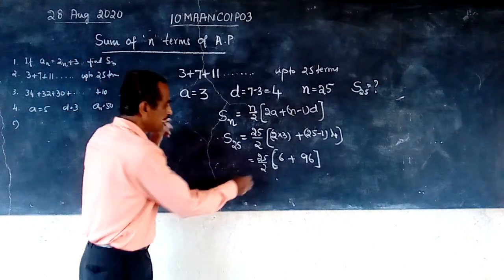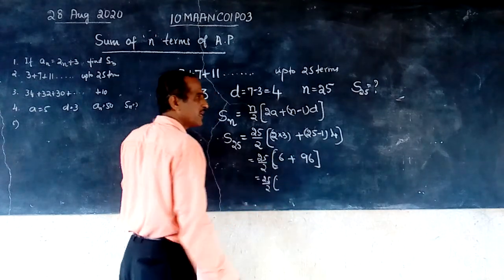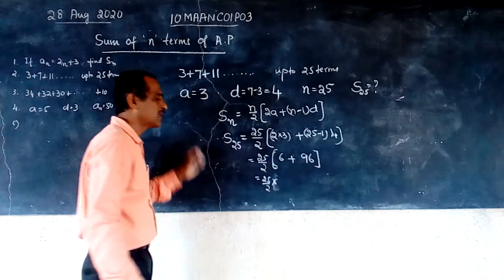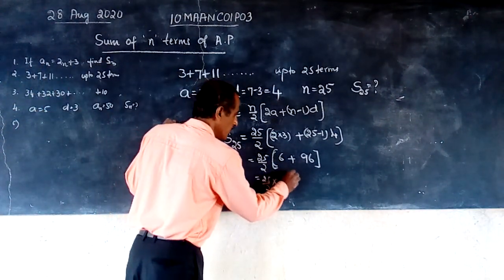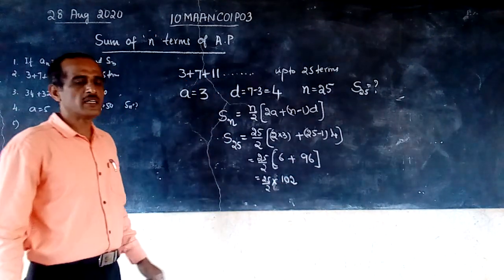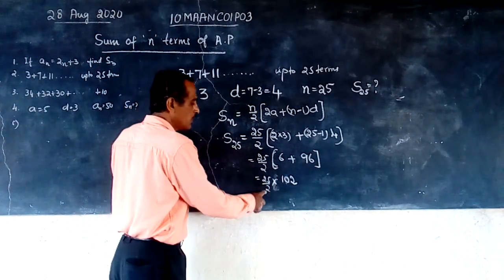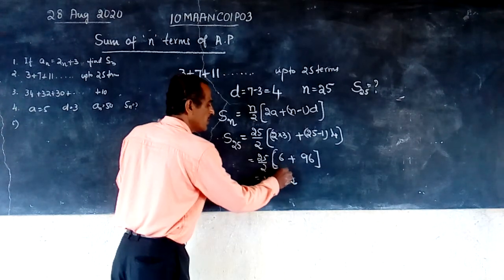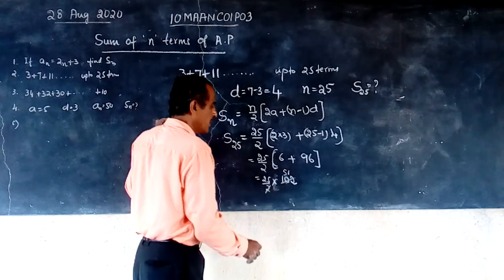So that is 25 by 2 into 6 plus 96. 6 plus 96 is 102. So S25 is equal to 25 divided by 2 into 102. The 2 cancels with 102, giving 51, since 2 times 51 is 102.